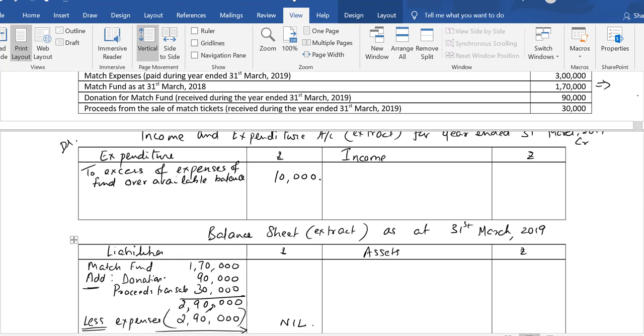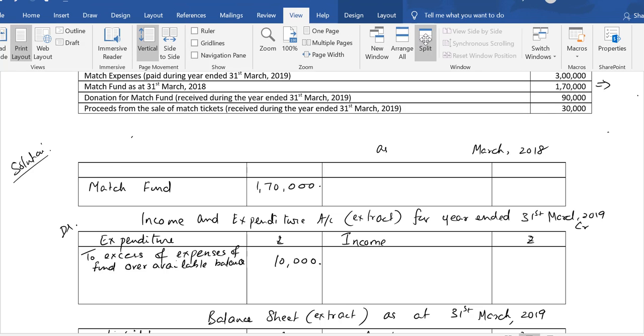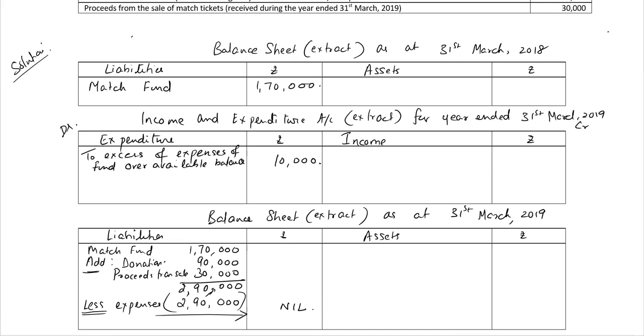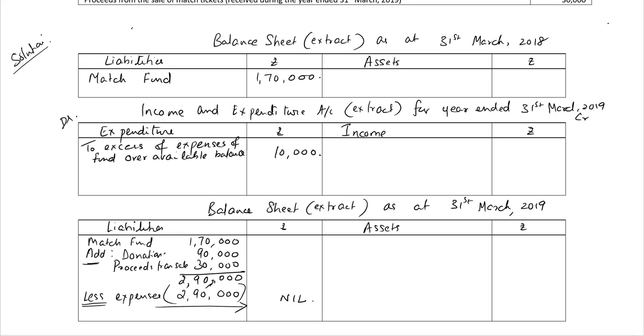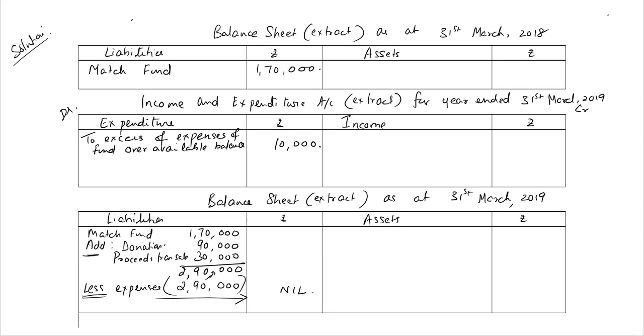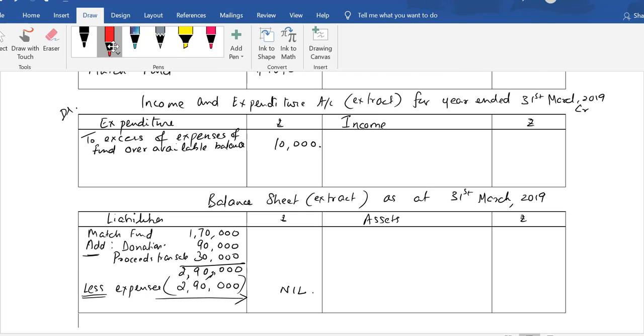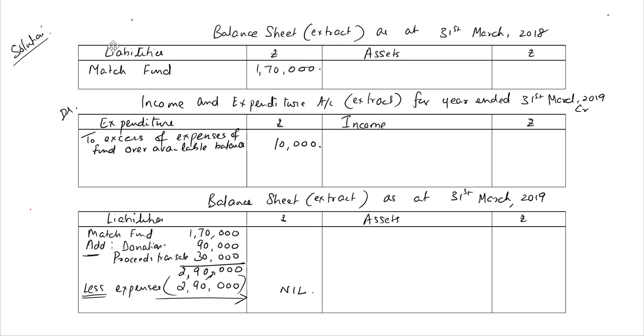I will remove the split. We'll view all the accounts together. So the first one is the balance sheet extract at the beginning of the year, followed by the income and expenditure account for the year ended 31st March 2019 and the balance sheet as at 31st March 2019.